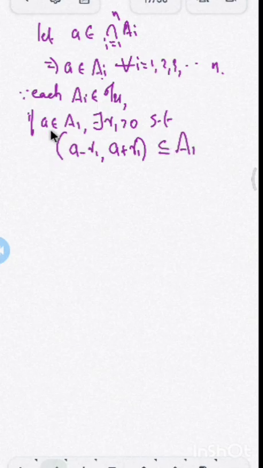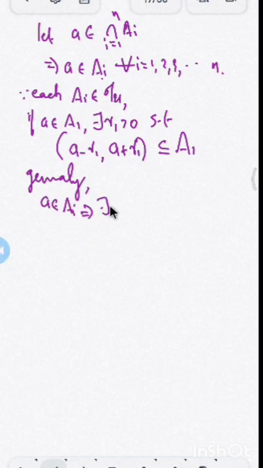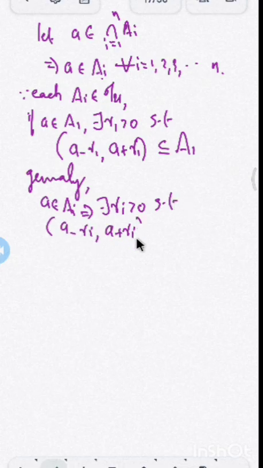Similarly, since A belongs to A2, there exists some radius R2. So generally, what can you write? A belongs to Ai implies there exists some Ri greater than 0 such that the interval of the form A minus Ri, A plus Ri is completely contained in Ai, the corresponding i, for every i equal to 1, 2, 3, etc., n.